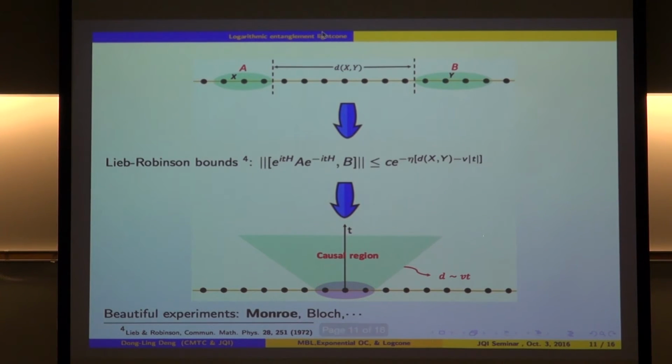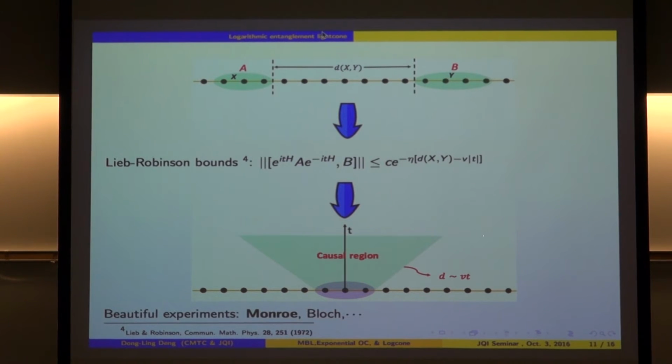In a quantum many-body system, there is an emergent analog of the speed of light. This was first discovered by Lieb and Robinson in 1972. In their paper, they developed the well-known Lieb-Robinson bound.